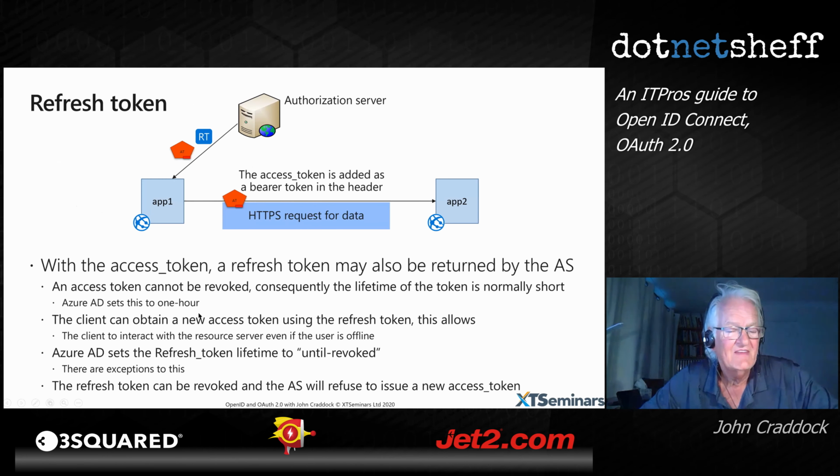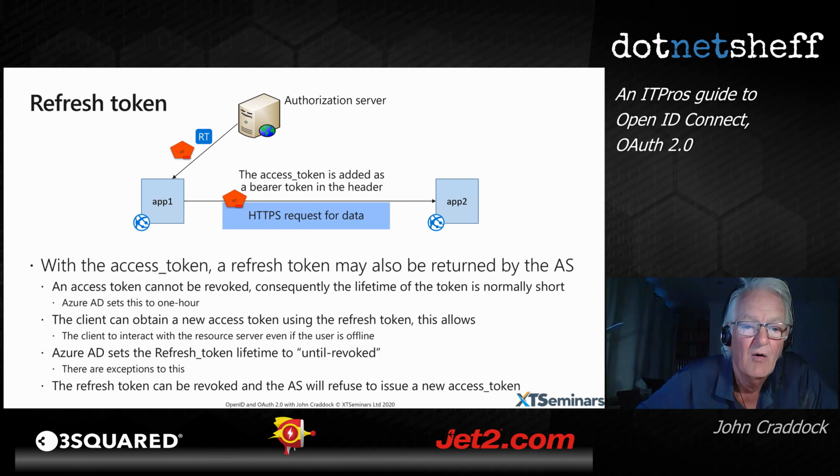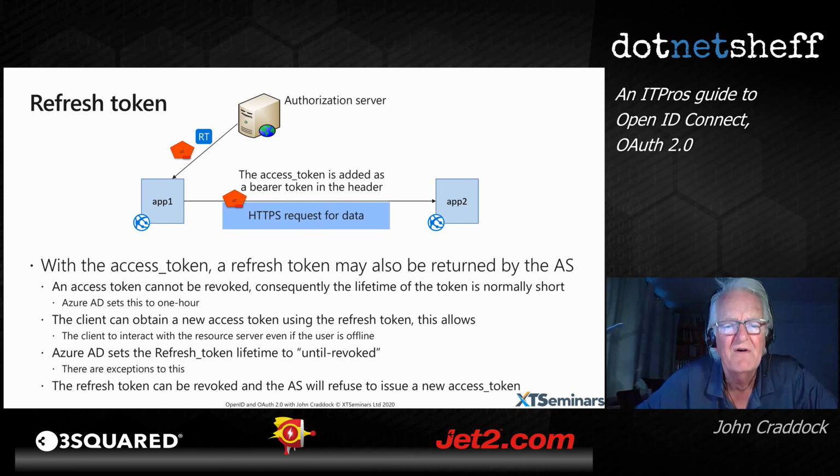Now, we have an access token. So app 1 has an access token which authorizes it to act on your behalf to app 2. And we want to be able to carry on doing that for a very, very long time, when the user's online and also when the user's offline. If the user's offline and the access token expires, we can't ask the user for a new token.